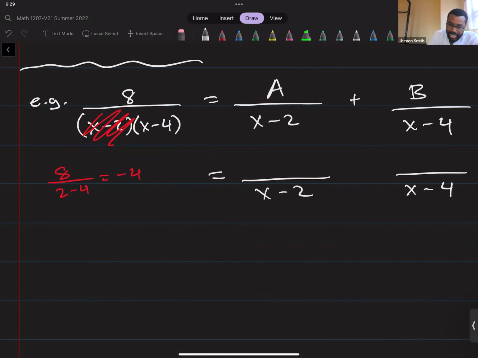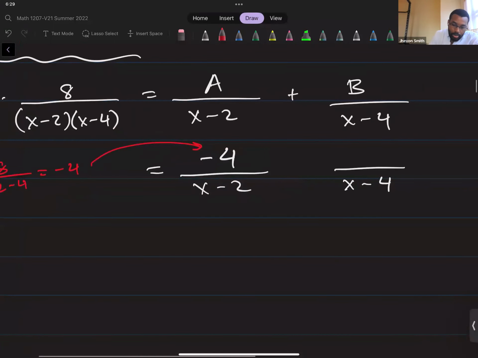It turns out that that's the answer. -4 is going to be the numerator. Now you do the same thing. If I cover up the x minus 4, and then I plug in x equals 4, I would get +4 as the answer.